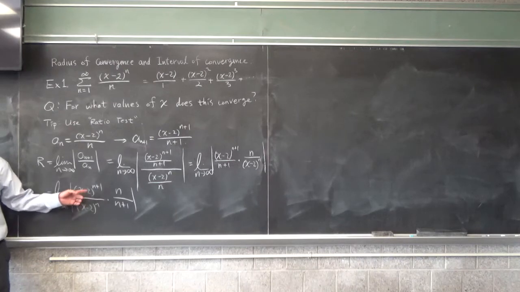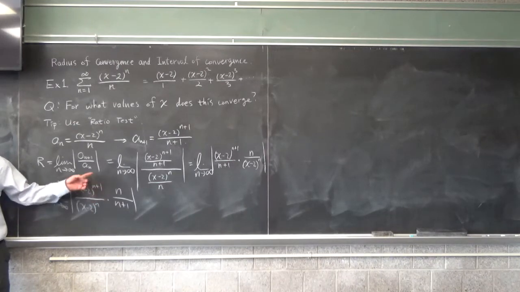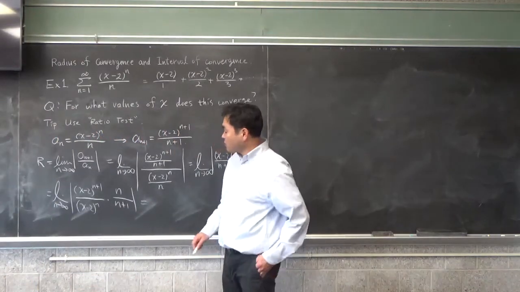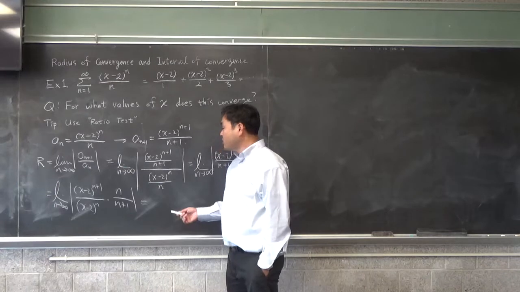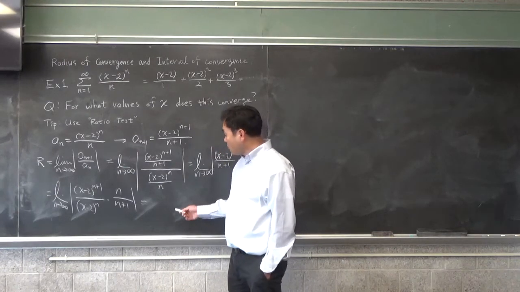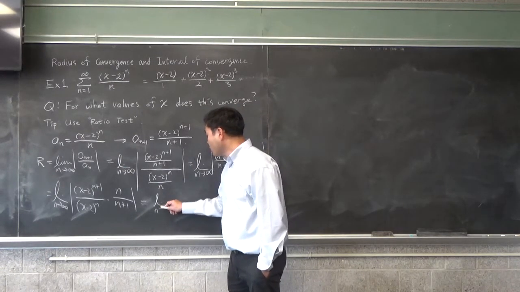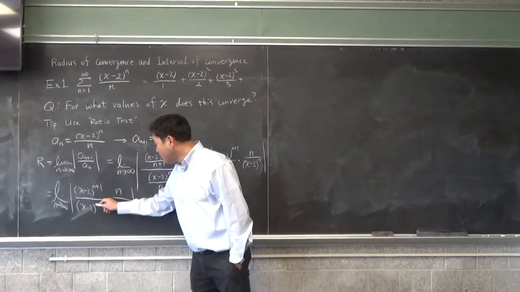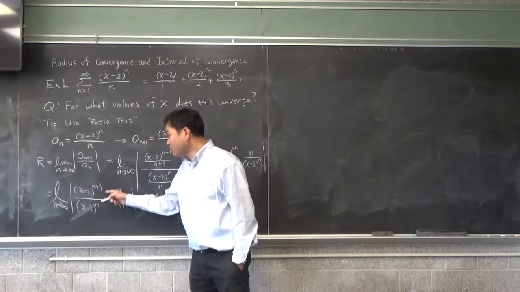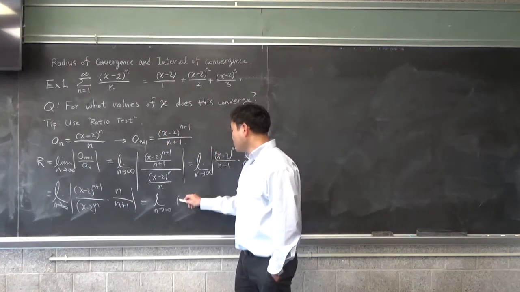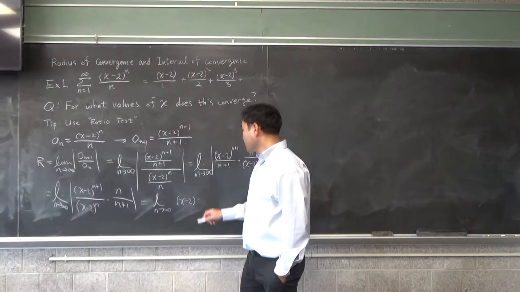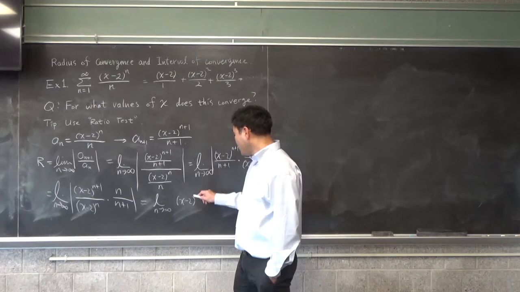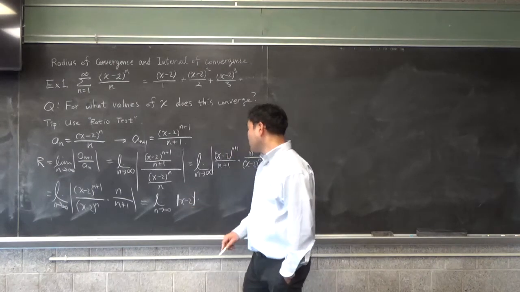If you have the same base and you divide, you subtract the exponents. So you have the limit as n goes to infinity of n plus 1 minus n, which cancels the n's, and you just have 1. So we'll just have x minus 2. And then we can take the absolute value separately.